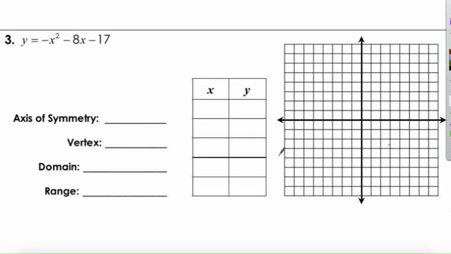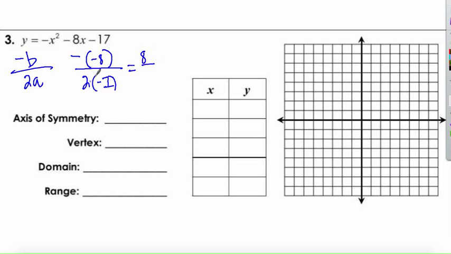So before I even do any of this work, I know that this is going to be facing down because of the negative a value. So I have negative b over 2a. So our b here is negative 8. So we got negative 8 over 2 times negative 1. So a negative 8 is a positive 8. 2 times negative 1 is a negative 2.